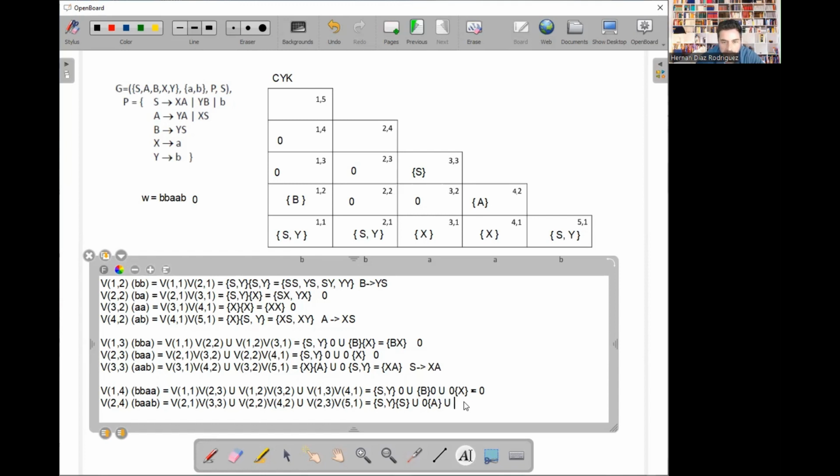And then finally, we take the first 3 characters, position 2, 3, where we have a 0, and then position 5, 1, where we have S and Y. So the only possible combination that we can reach is SS or YS.